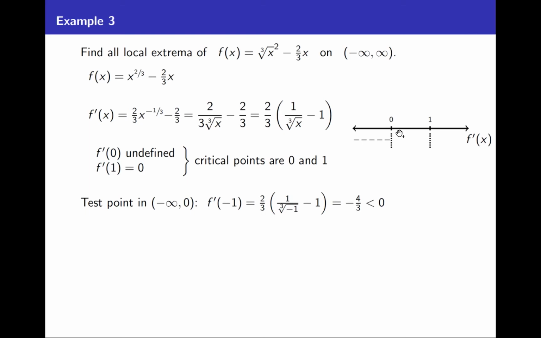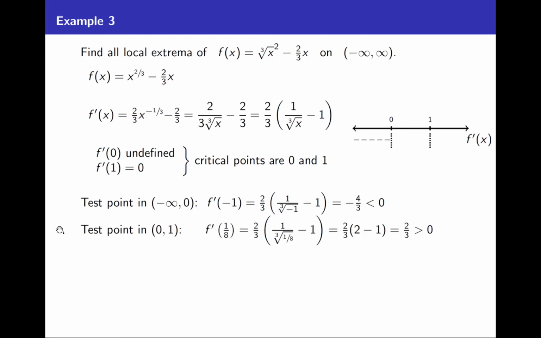Well, how about 1/8? 1/8 is about right there. The cube root of 1/8 is 1/2. That's easy to work with. So that's going to be our test point in the next interval. The test point in the interval from 0 to 1 is going to be 1/8.